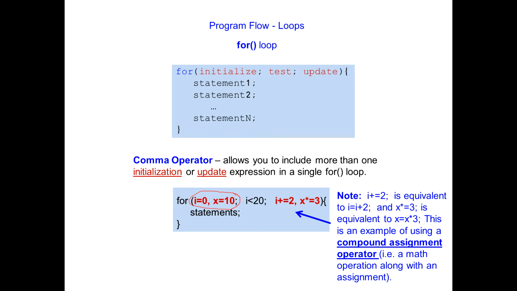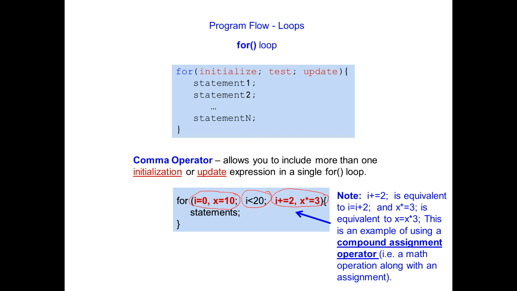We could have as many expressions as we want in here as long as they're separated by commas. Here we have the single expression that's going to be tested, whether it's true or false, and if it's false, the looping stops. And then here we have the update.